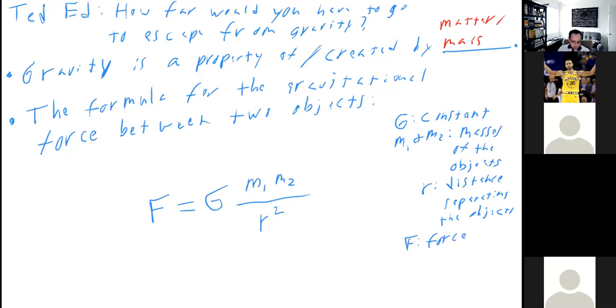Okay, so G never changes, right? The thing about G is that it's a small constant. G is small. Because G is small, the masses have to be pretty large for the forces to be reasonable in size.